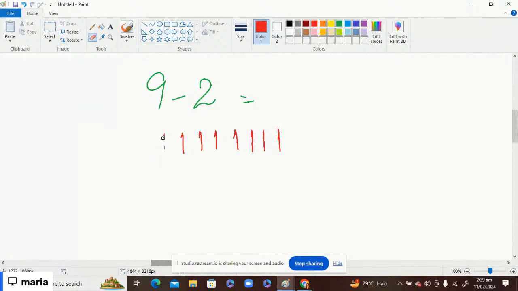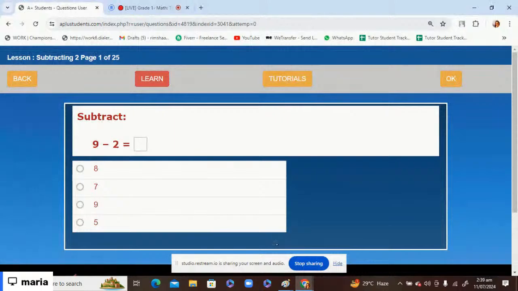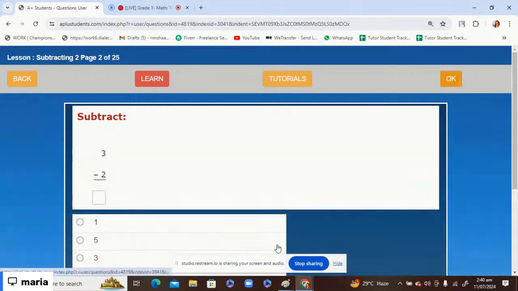It's 1 and 2. So how many lines are left? It's 1, 2, 3, 4, 5, 6, 7. So 7 is your answer. Okay, 7 is left and that is your answer. So let's go with the option of 7. Here we go with this option and this is the right answer.